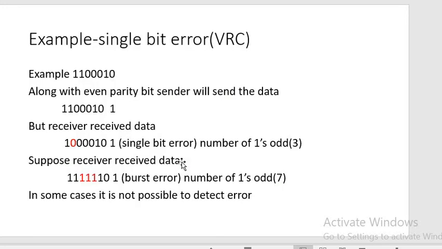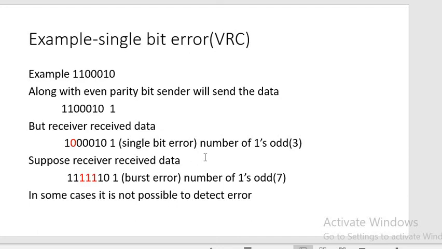With this example, you can identify the single bit error and the burst error in vertical redundancy check. 1100001 is my data. My even parity bit is 1 because the total number of 1s is odd in my data. Along with the parity bit, I will send. The receiver receives it, but the second bit is corrupted. The red color shows that corruption.